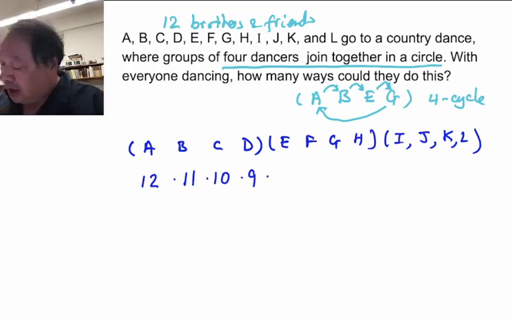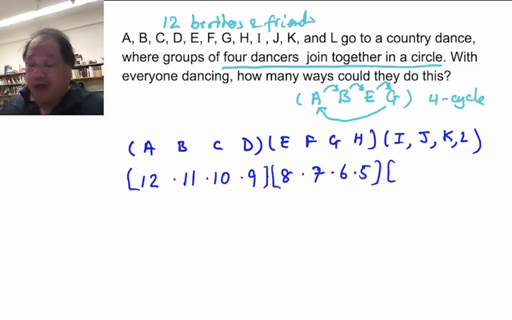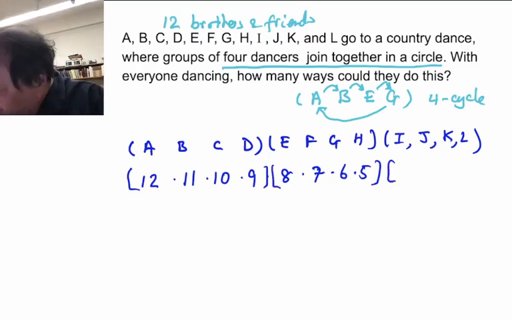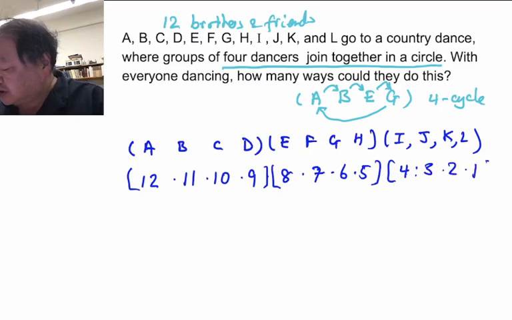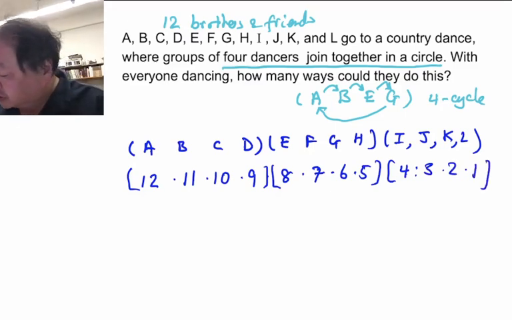And so then in the second group, we're going to have just 8 times 8 brothers and friends. That brings us down to 7 times 6 times 5. And finally, the remaining 4, any of the 4 can be in the first position, times 3, in the second position times 2, and then the last person has to be the same person. So right now, we have a very big number, which is, by the way, called 12 factorial.